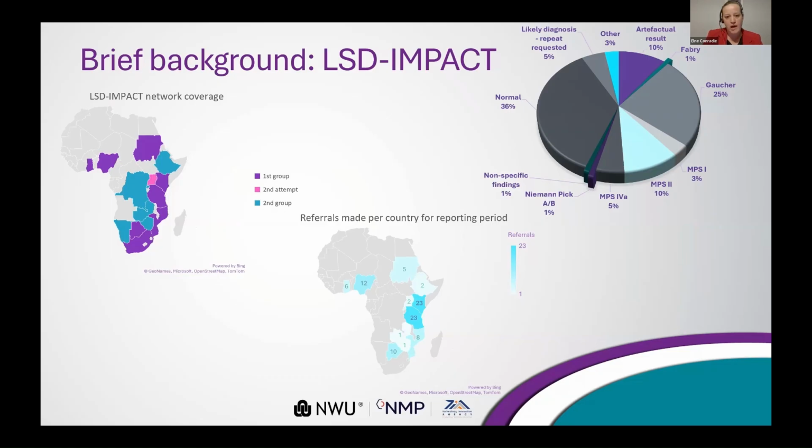At this stage we are very close to the 50% mark of all referrals ending up in a confirmed positive diagnosis. It is really good to see that the effort is paying off, and more events like this are critical to ensure that we keep this going forward and increase the awareness on the diseases.